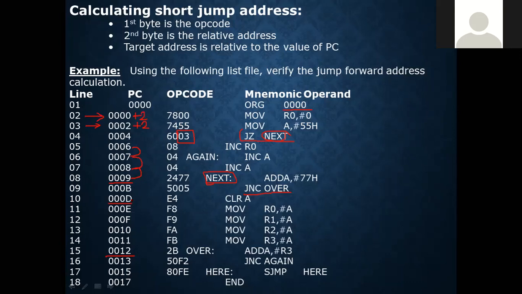So D to E, how many counts? 1, 2, 3, 4, 5, and 6. Okay, so that here 05 is written. Clear or not? Yes, sir.